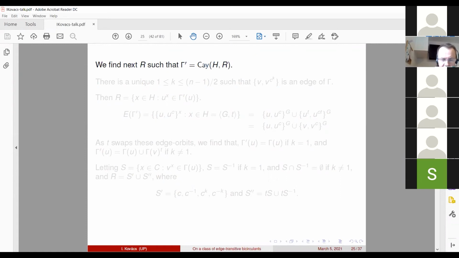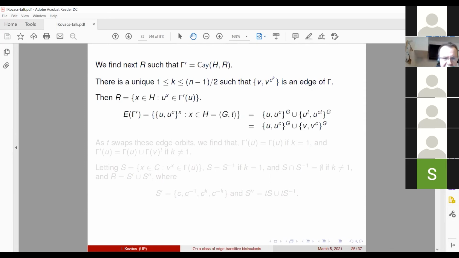The orbit containing V is just a union of cycles. It's not necessarily a full cycle, it's a union of cycles. So you have a unique number K such that in the other orbit, V and VC^K is an edge.